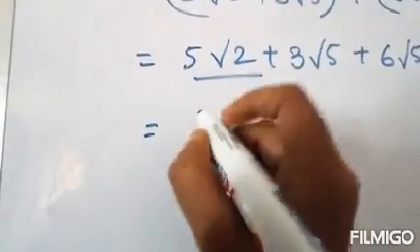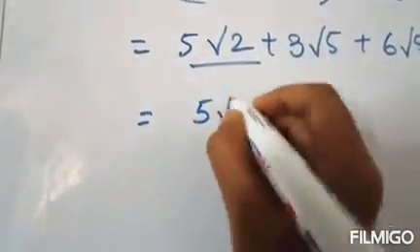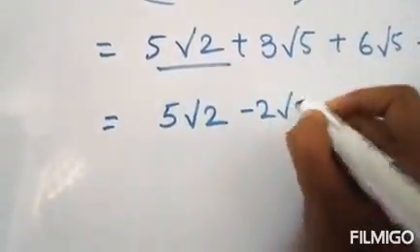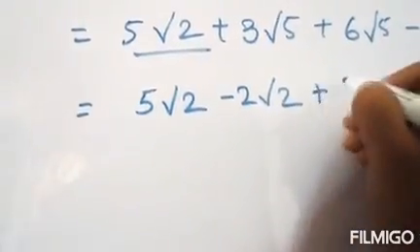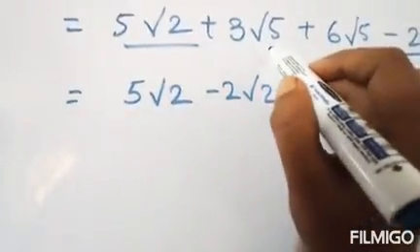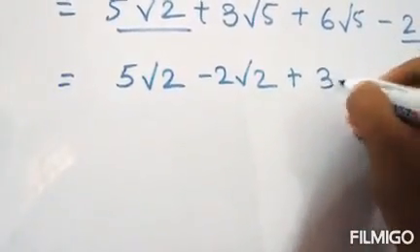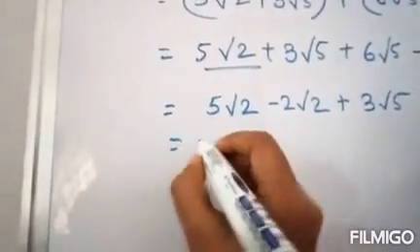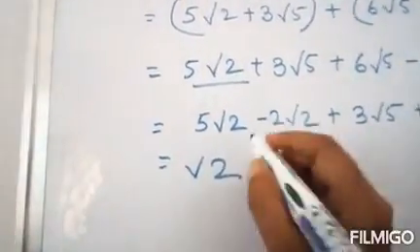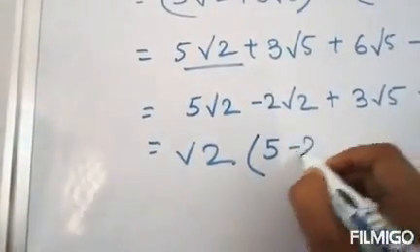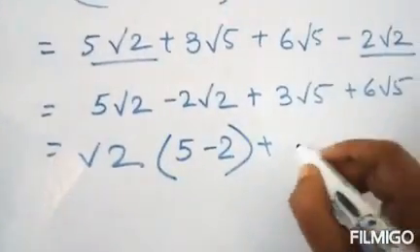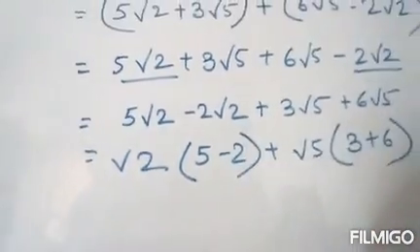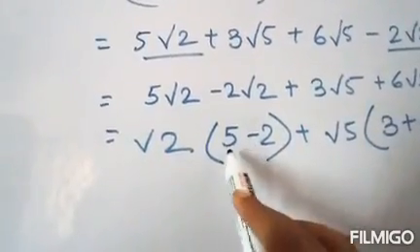So we write root 2 times 5 minus 2, and here also we can take root 5 common, so we need to club them together. So root 2 we take common, what remains? 5 minus 2. And here we take root 5 common, so what remains? 3 plus 6. Correct? Now it is easy to operate.